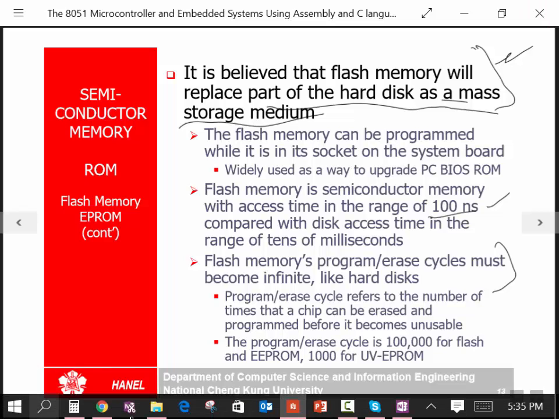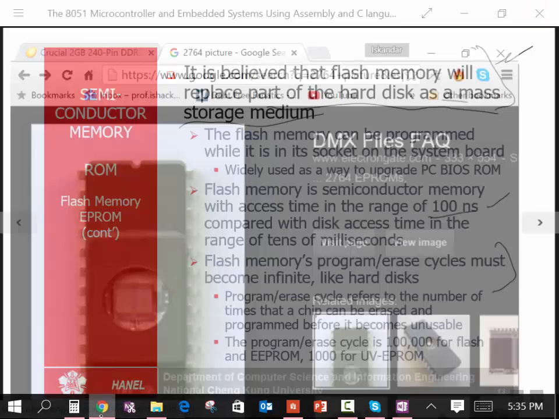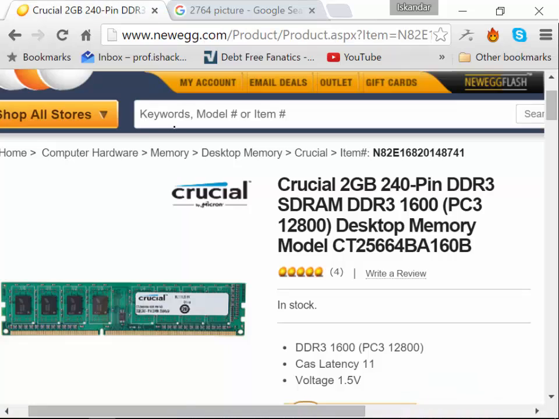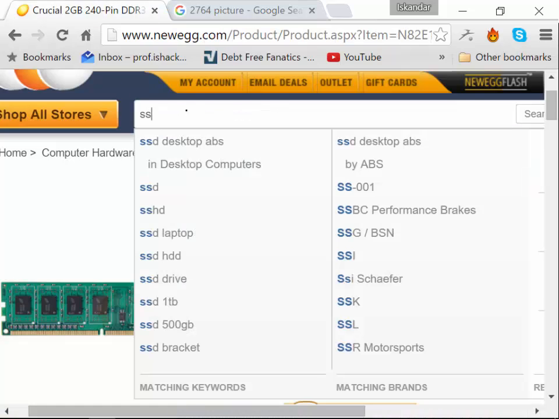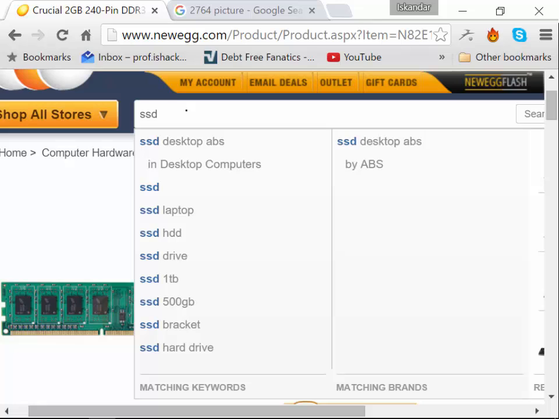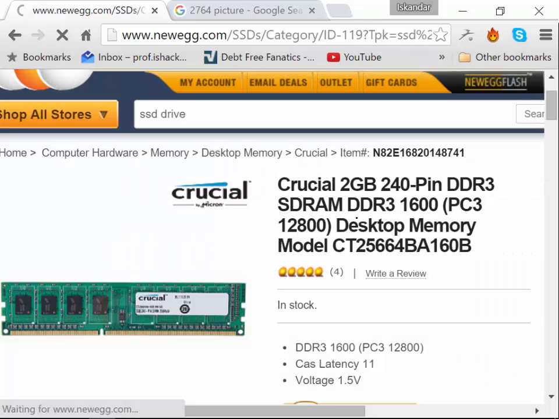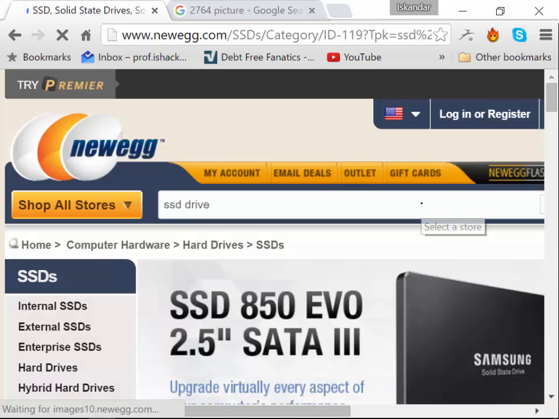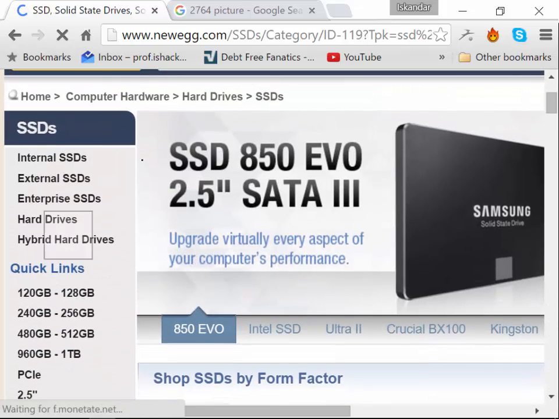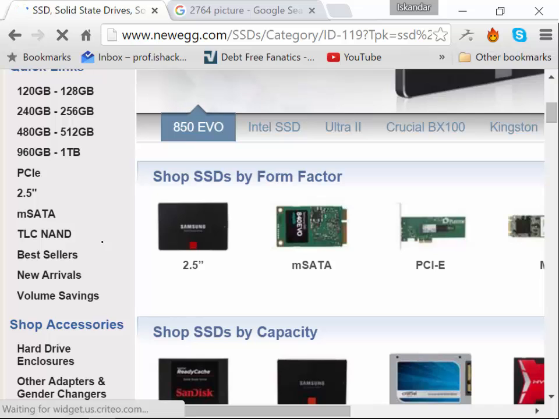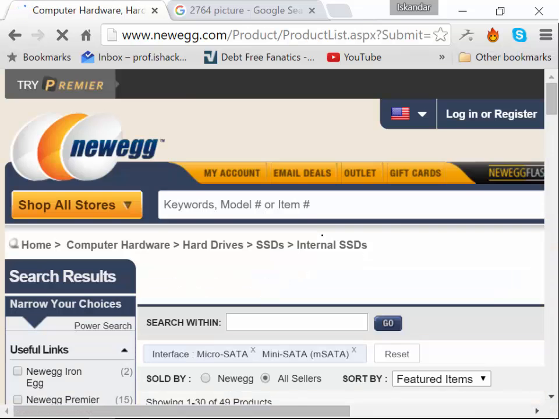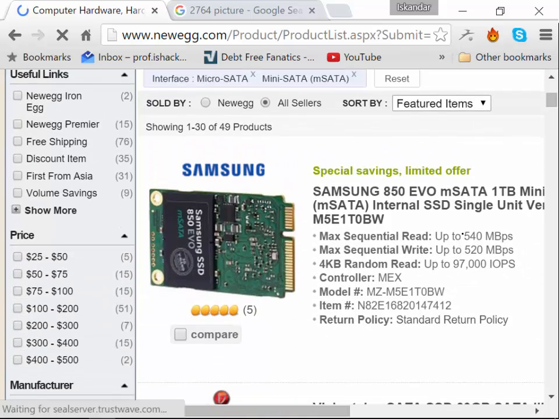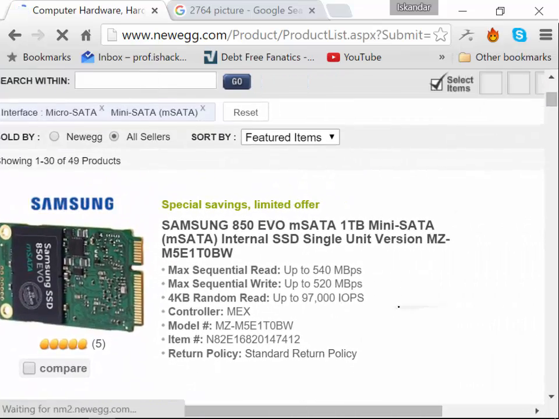You can look at, for example, going back to my favorite place here, an SSD drive right there. And here is an mSATA right here. This is what I've got in one of my systems. This is a very expensive drive.